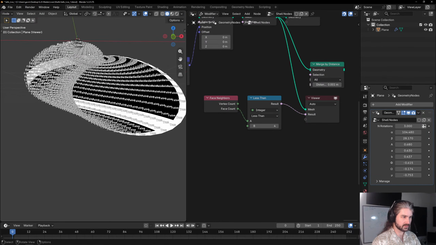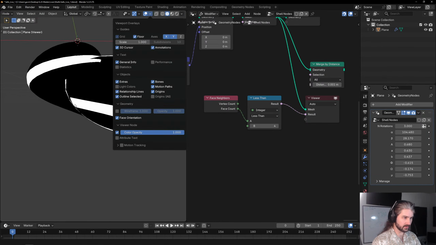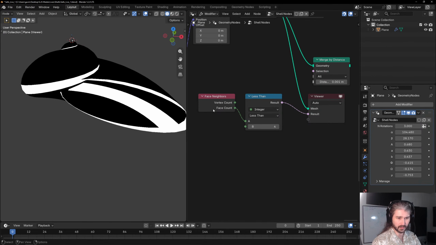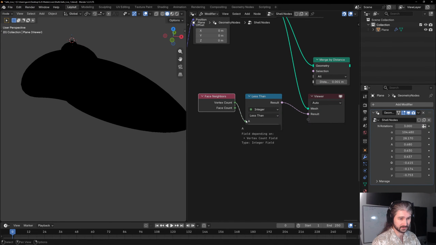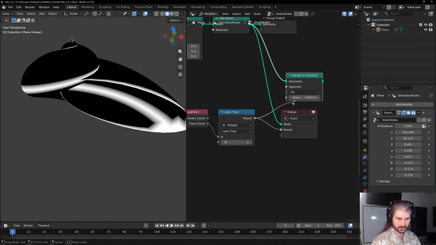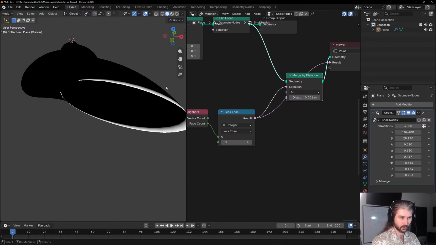This will select the entire seam as well as the outside edge. Also, this is reading out on faces right now because we're looking at faces. If we look at verts again, it's just going to be annoying about it. We could cast to the right domain, but regardless, this should work fine for our merging.